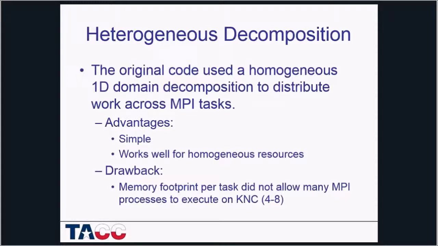At least in Stampede's configuration, we have 2 gigabytes per core on the Sandy Bridge primary host on Stampede. But if you want to use more than 4 tasks on the Knight's Corner, you don't get as much memory. The card itself has 8 gigabytes of memory total, so if you want to use 30 to 60 MPI tasks, for example, you need to have a much smaller memory footprint per task.